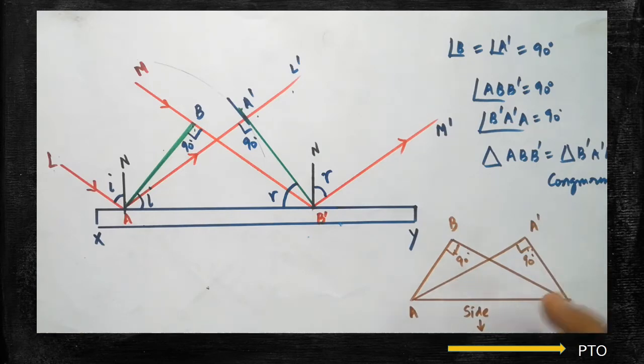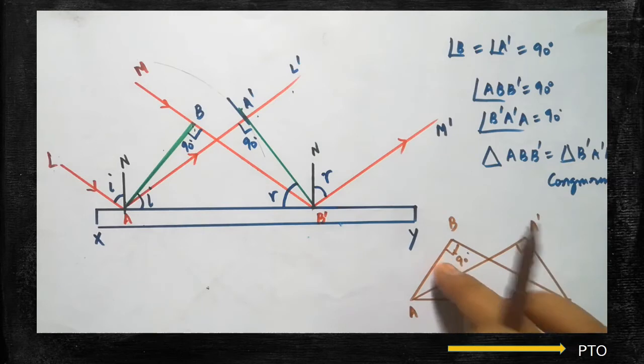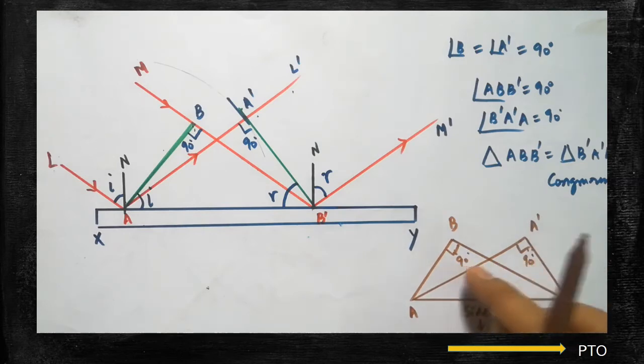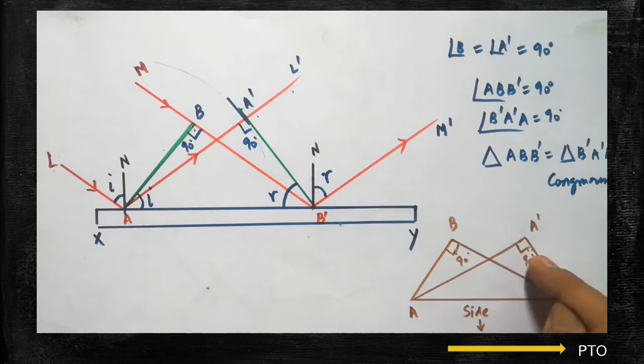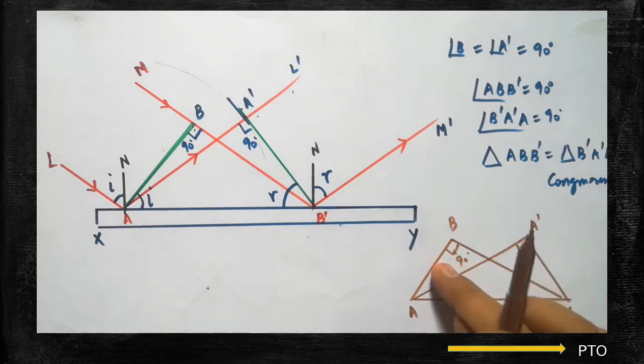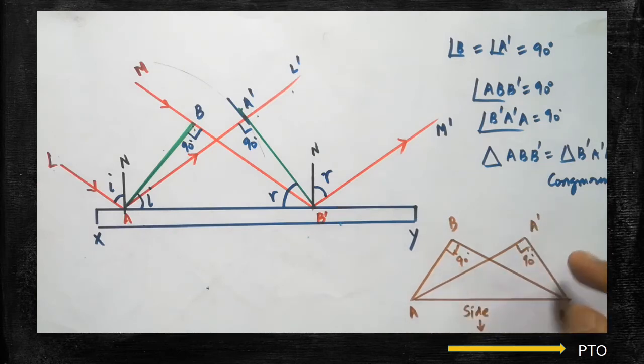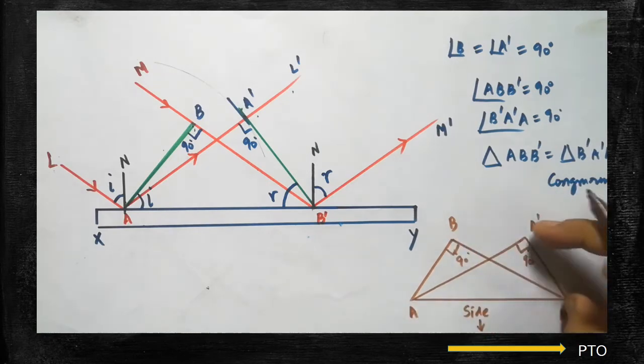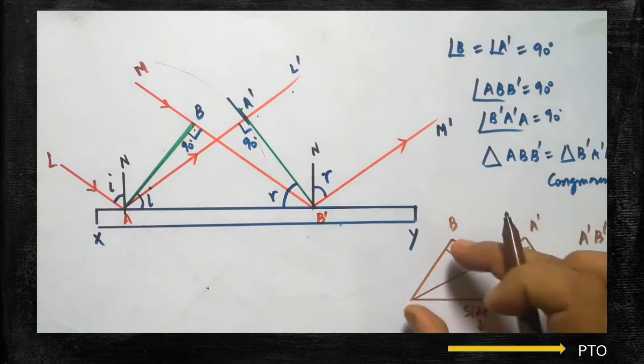And then if you remove this triangle and keep it on the first triangle, both of them will be matching with one another, and the second triangle can be made to overlap on the first triangle. That's why we can say that A dash, B dash, this side will be equal to which one? AB. Are you clear? A dash, B dash will be equal to AB.